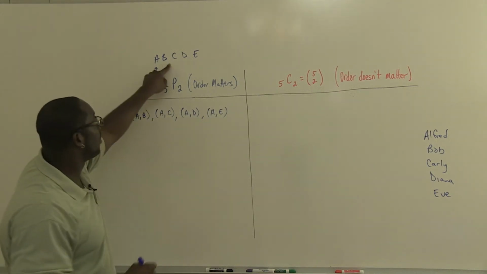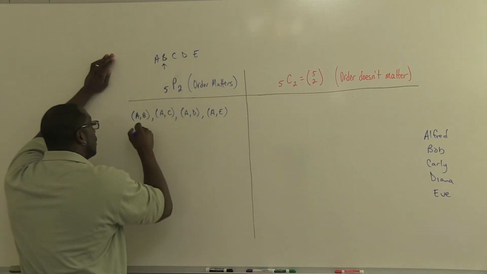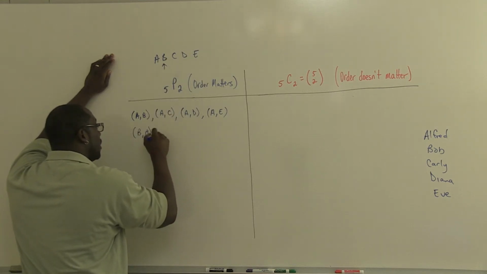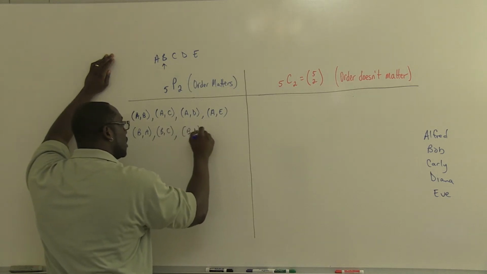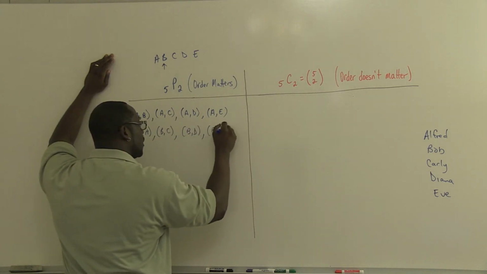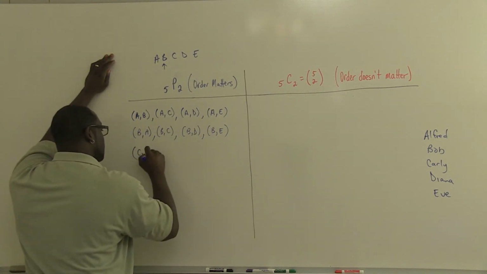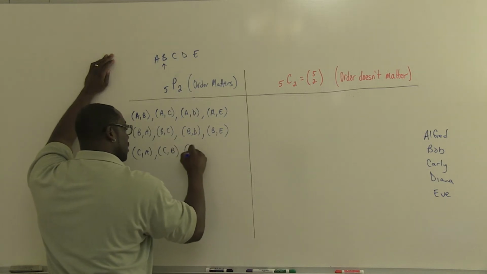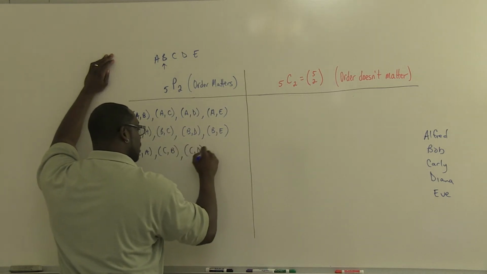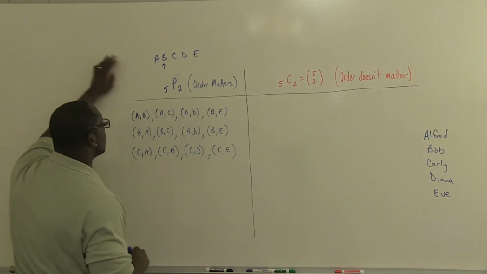So we started here at A, now we're going to move and pair everyone with B now. So if we go with B, we have B paired with A, B paired with C, B paired with D, and B paired with E. Continuing on, we have C with A, C with B, C with D, and C with E. Okay?